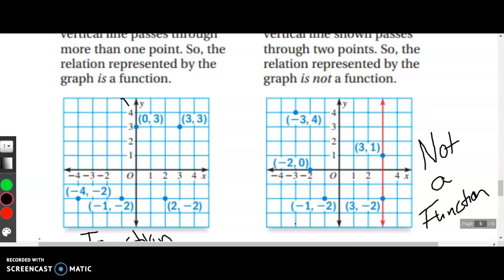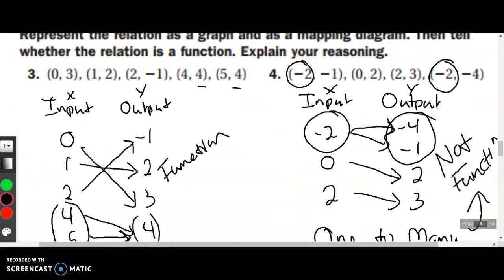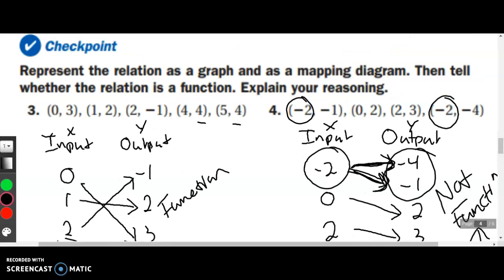If the x value repeats in any way, whether it be graphically, where an x value repeating means that a straight line would hit more than one point, or on a mapping diagram, where you have one input with more than one arrow coming off of it, or if you're just looking at your points and you see a repeating x value, then that represents something that's not a function.